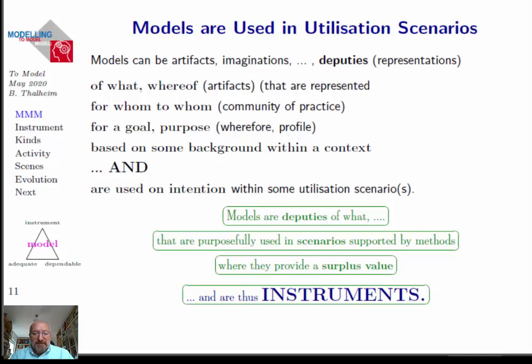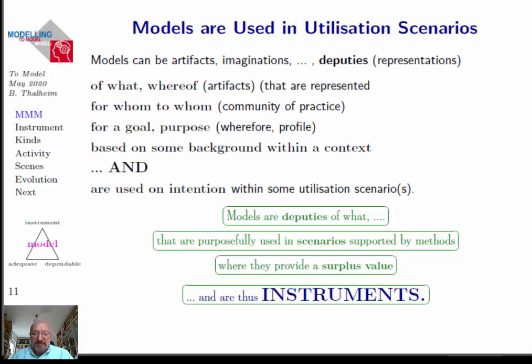They are based on some background within a context. And for this reason, models are deputies of something that are purposeful, maybe can be purposefully used in scenarios, supported by a corresponding method where they provide a surplus value. That means they are thus instruments.